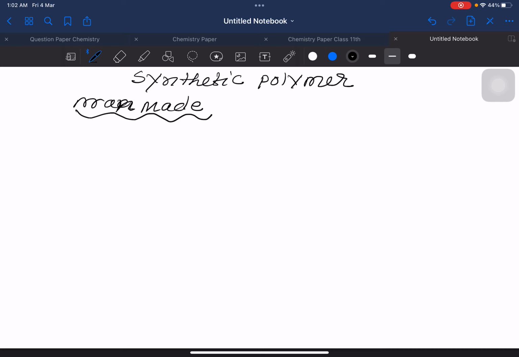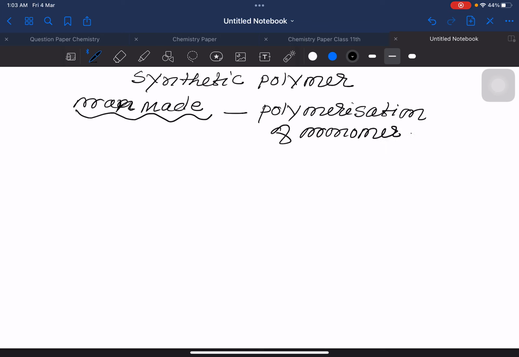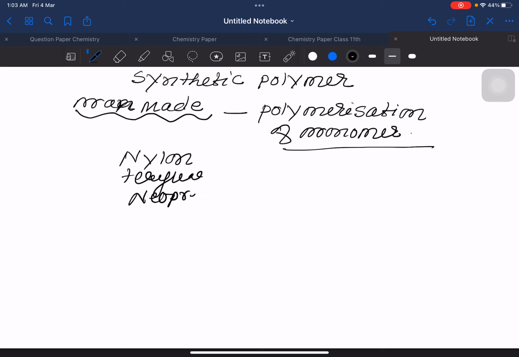They are artificially prepared by polymerization of a monomer or copolymerization of two or more monomers. Nylon, terylene and neoprene are synthetic polymers. They are further divided into three subtypes, namely fibers, synthetic rubber and plastics.